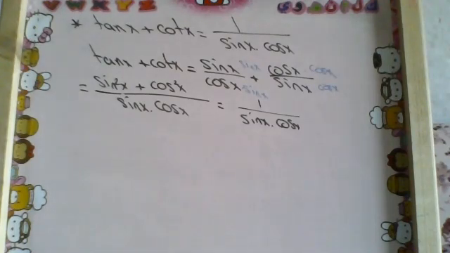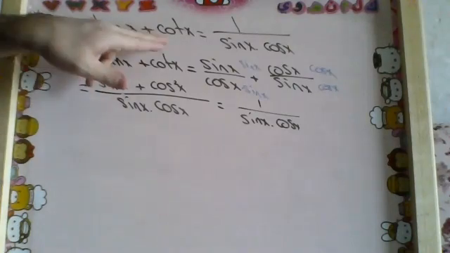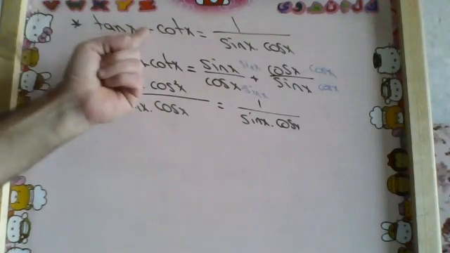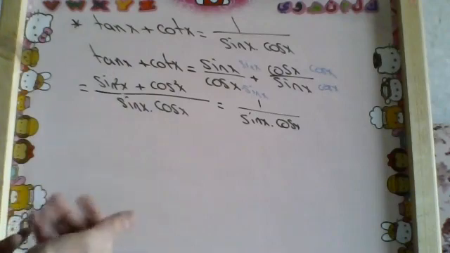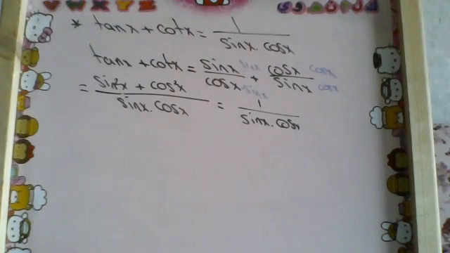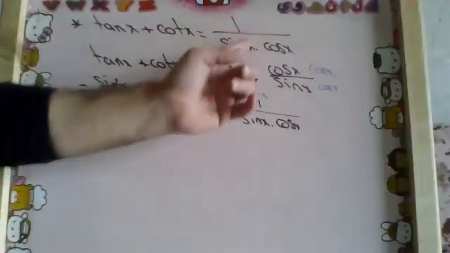But usually we start from the side that has more terms or the side that I can simplify. If you start from the left side, I can replace tangent by sine over cosine and cotangent by cosine over sine. Moreover, here we have addition, so we think of common denominator, and possibly we'll get an answer. While here it is simplified, 1 over sine x cosine x.